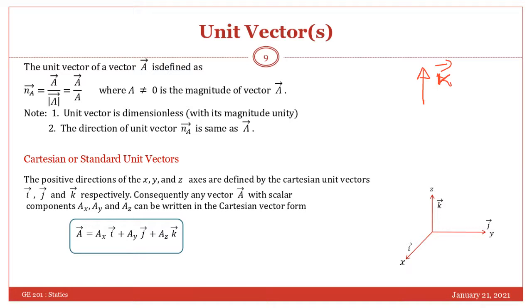We write it like this, or you can write like this. And similarly, in the negative x direction the unit vector is minus i, in the negative y direction minus j, and in the negative z direction it is minus k. So this way we have the 6 unit vectors, plus i, plus j, plus k, and minus i, minus j, and minus k. They are the standard unit vectors or Cartesian unit vectors.